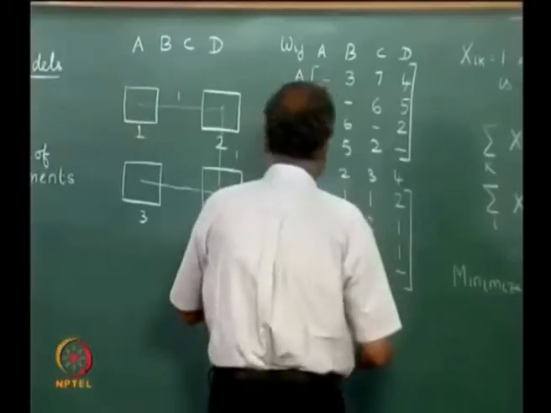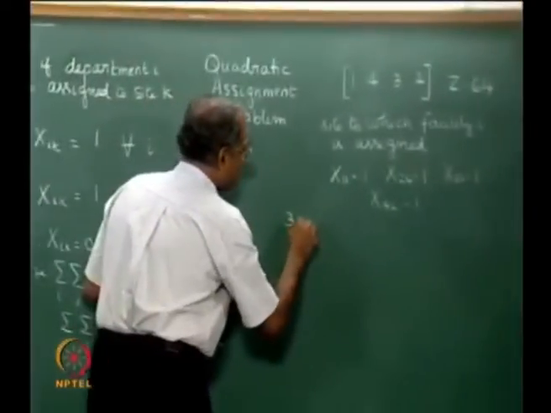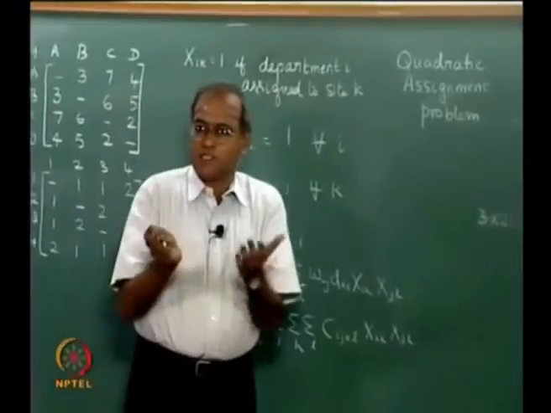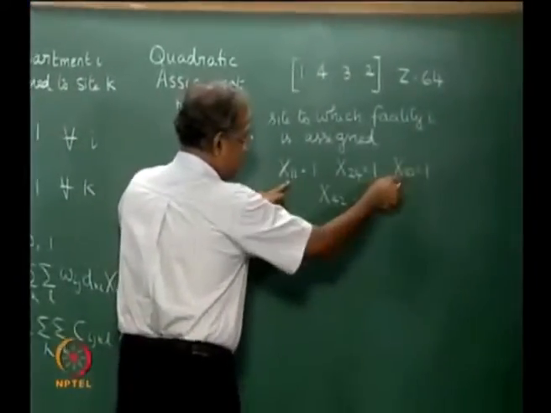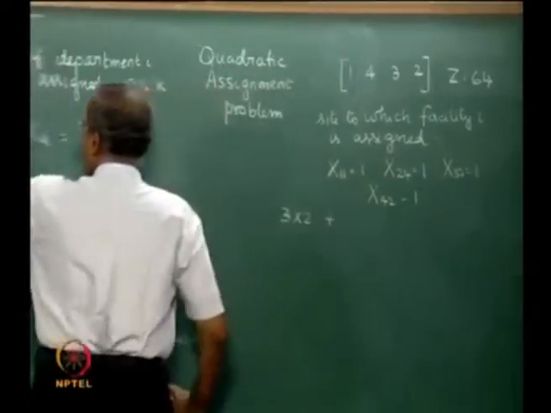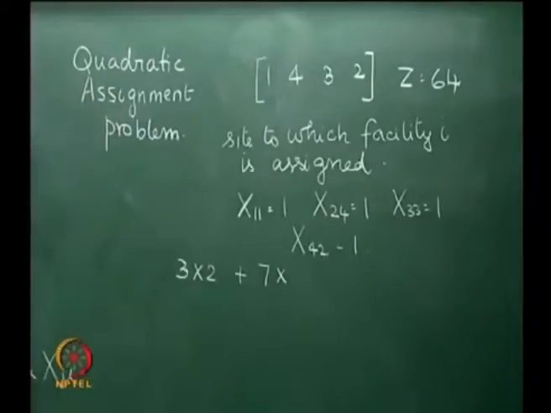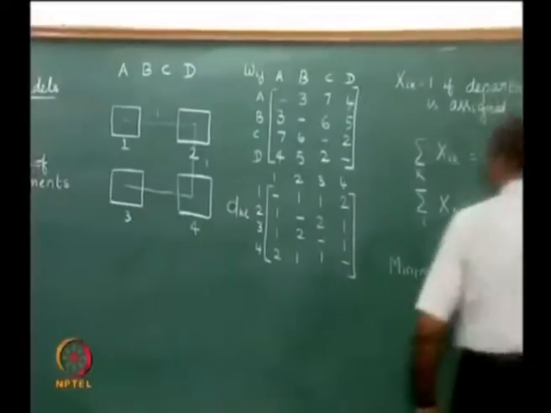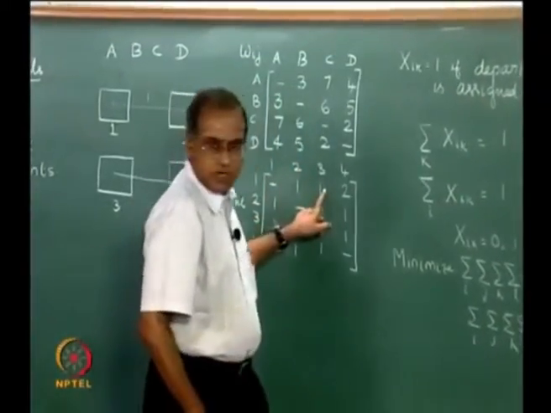So, the distance between sites 1 and 4 is 2. So, we get 3 into 2 plus interaction between facilities 1 and 3. The weight is 7, 1 is allocated to site 1, 3 is allocated to site 3, so the distance between sites 1 and 3 is 1.